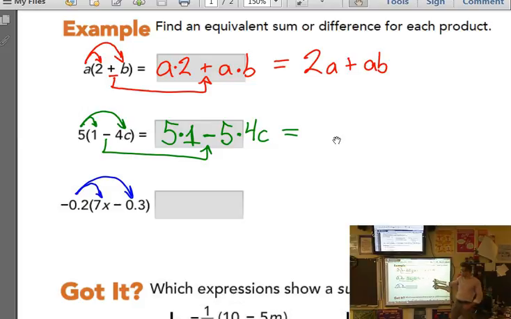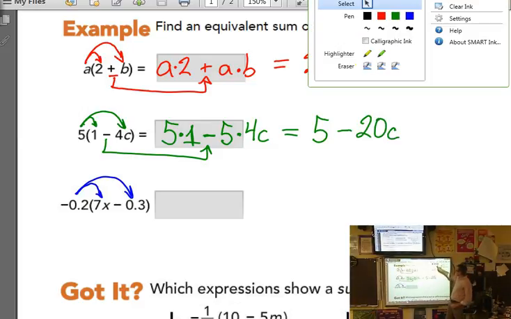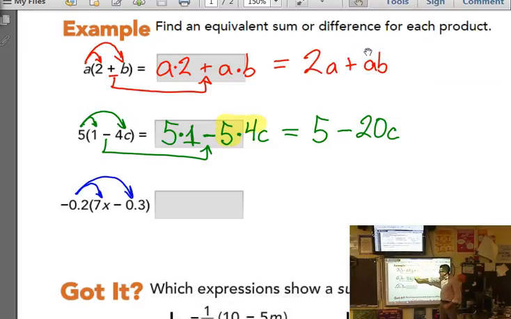So then I simplify. 5 times 1 is 5. 5 times 4, so this is minus 20c, because we do the multiplication with the numbers, and the variable just comes along with it.